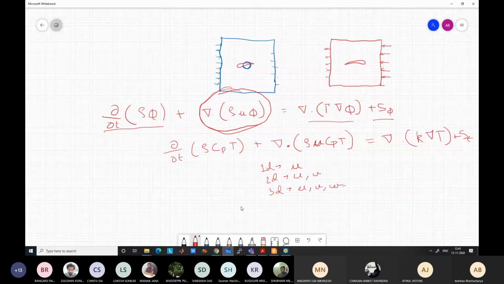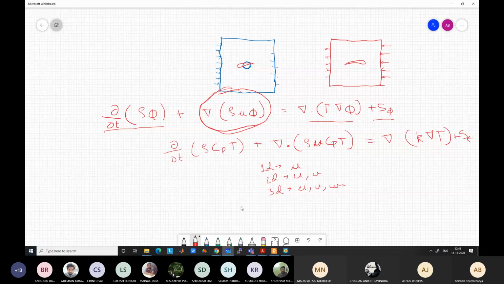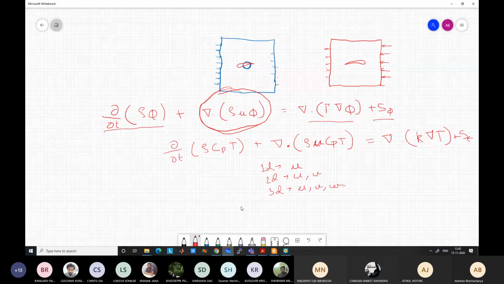These u, v and w values can be supplied by solving the momentum equations, or by some experimental investigation. After an experiment, say flow through a pipe, after measurement of velocities, we already know the velocity at certain points, the velocity distribution in the pipe, and we will use that for solving the energy equation numerically. Or it can be some analytical solution.